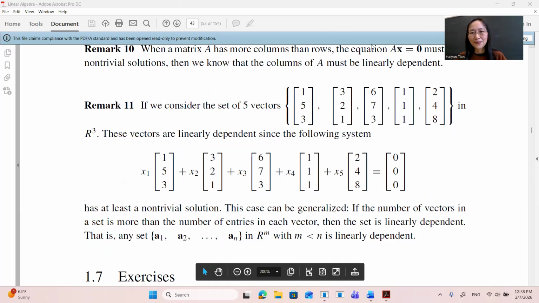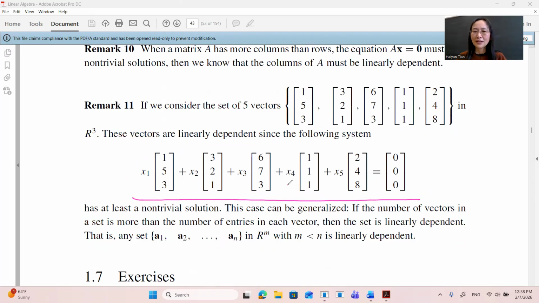It's all because of the corresponding homogeneous system having free variables. When you have more vectors, you will certainly have some free variables, because you have fewer equations than variables. You must have free variables, which means you must have non-trivial solutions. So that's a discussion on the linear independence versus dependence of vectors. These vectors could be columns of a certain matrix.